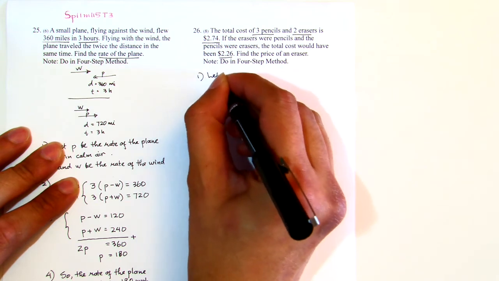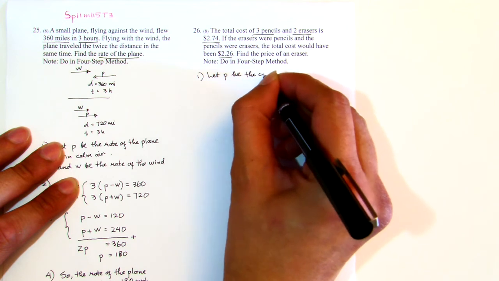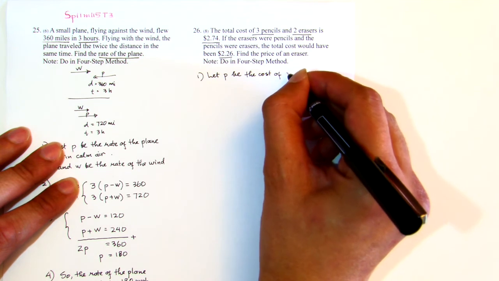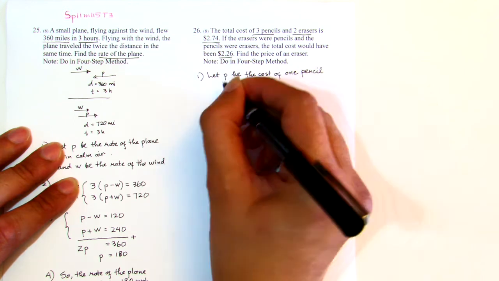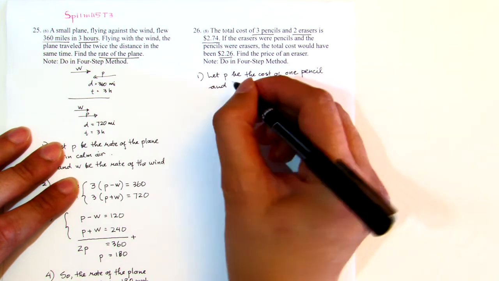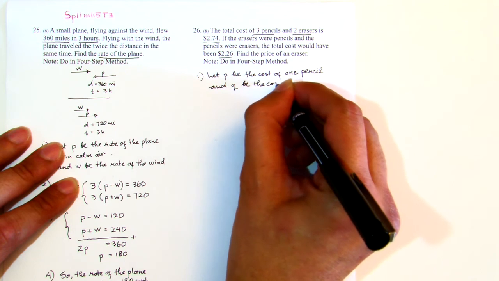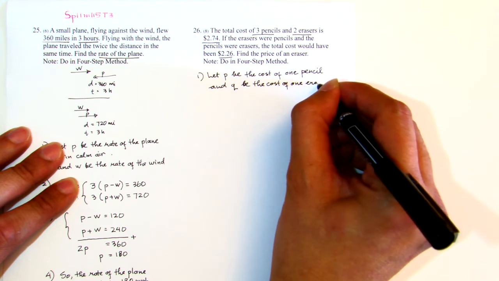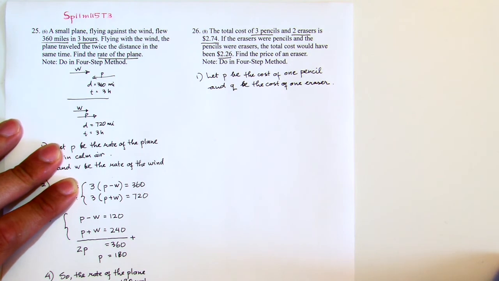Step 1, let P be the cost of one pencil, and let me use Q instead for eraser. Let Q be the cost of one eraser.